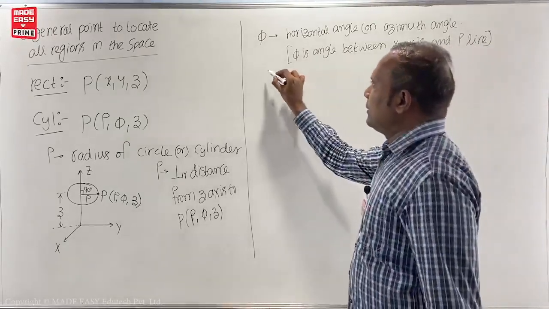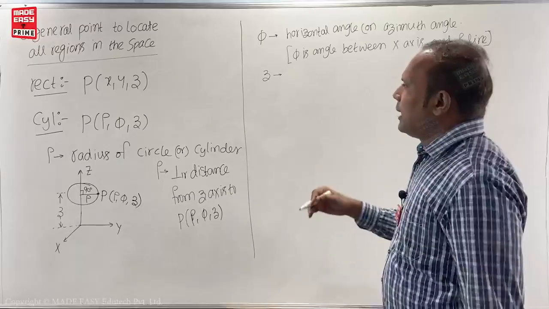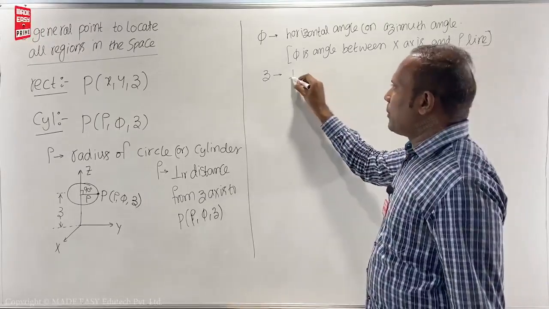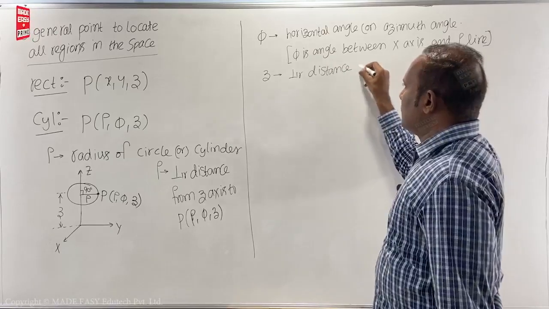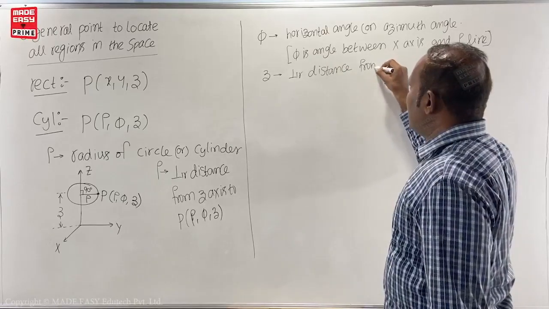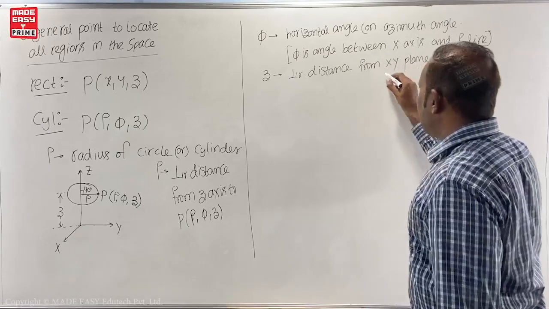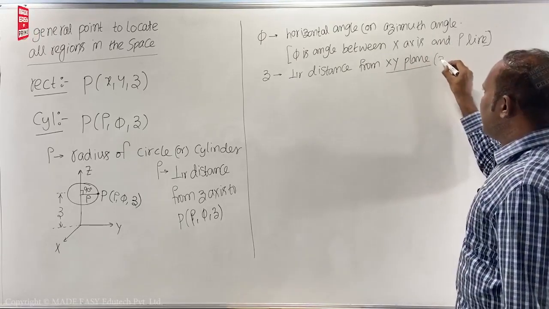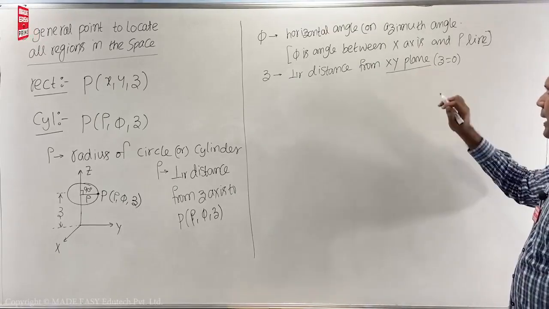Now what is z? Z is height actually. Otherwise you can write it as the perpendicular distance from the XY plane. Dear students, on the XY plane, can you tell me what is the height? 0, because the z axis starts from the XY plane.